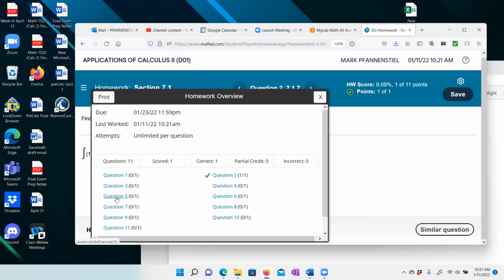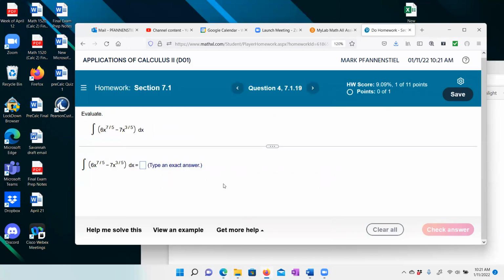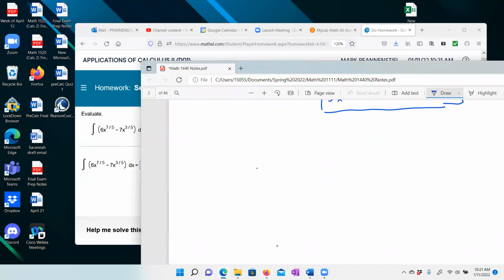So let's see here. Good one. Okay. So we have the integral of 6x to the 7/5 minus 7x to the 3/5. Okay, and again, this is one where, I don't deal with fractions very often, so adding 1 to this might be a little tricky.